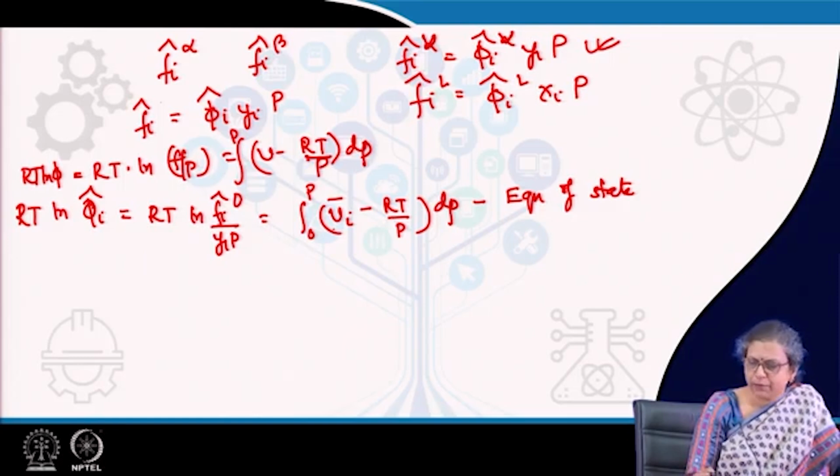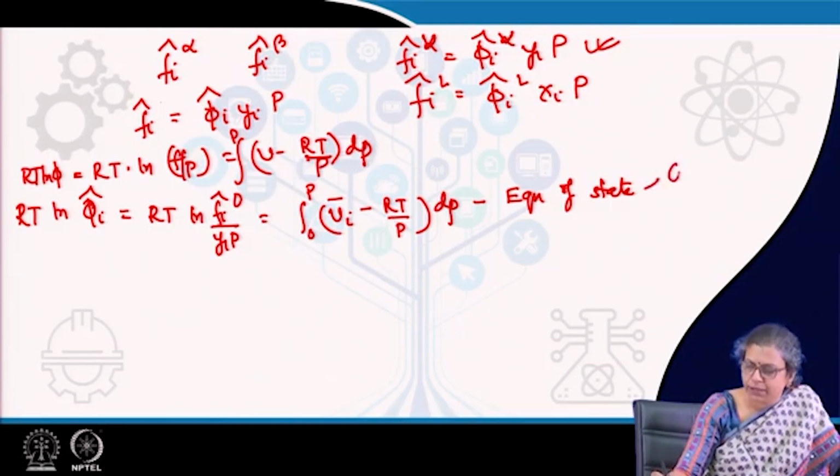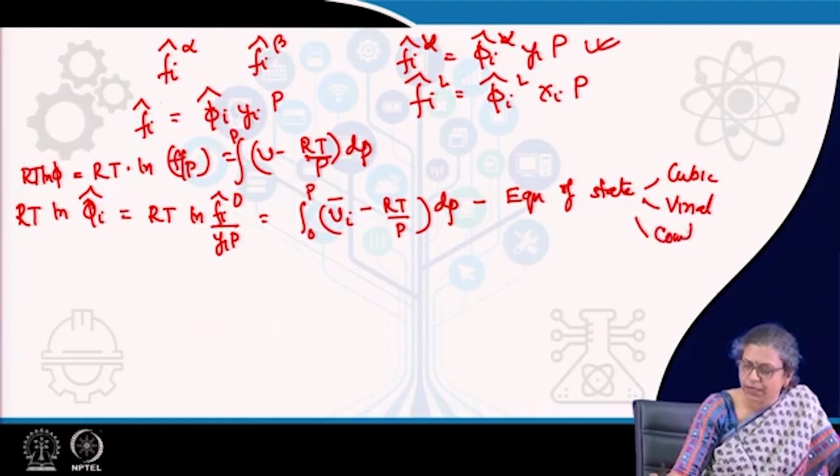And molar volume can be obtained from any equation. It can be a cubic equation, a virial equation of state, or the compressibility factor chart. So from anywhere we can find it out.